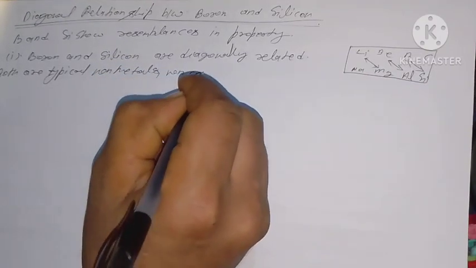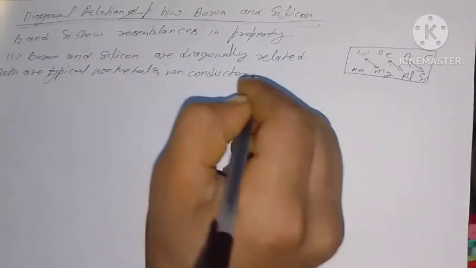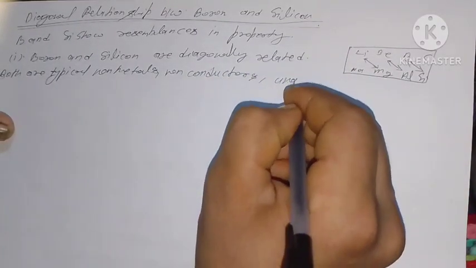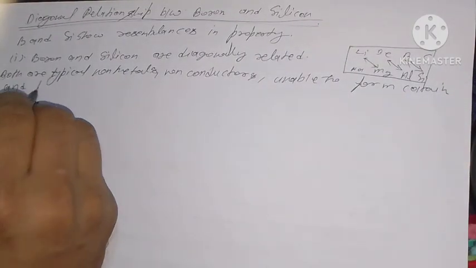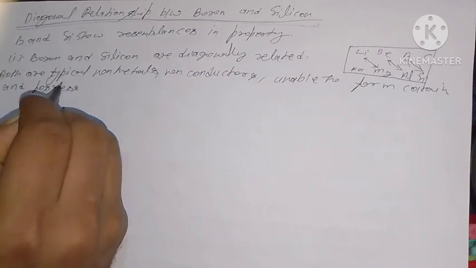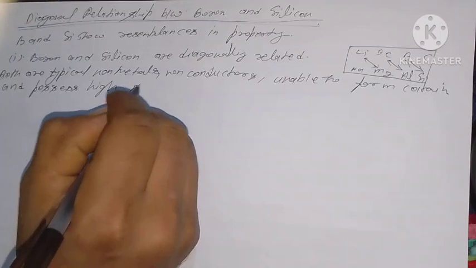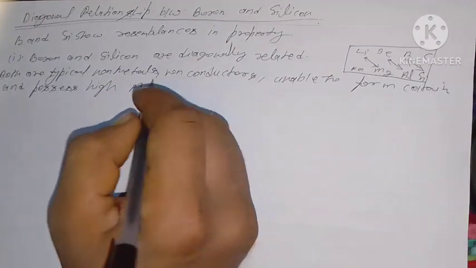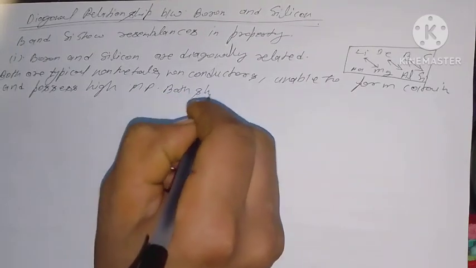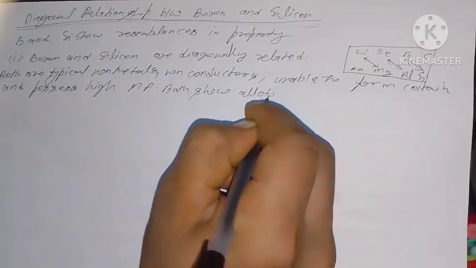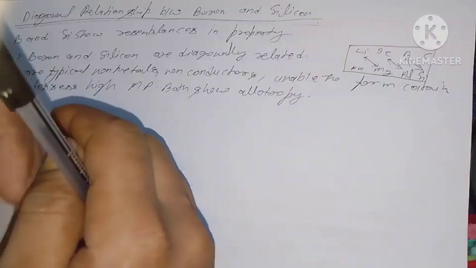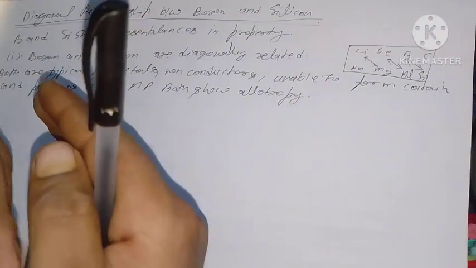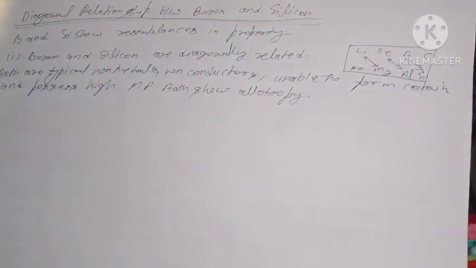Non-conductors, unable to form cations, and possess high melting points.